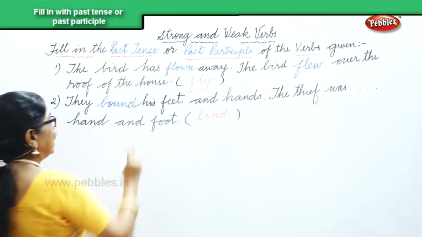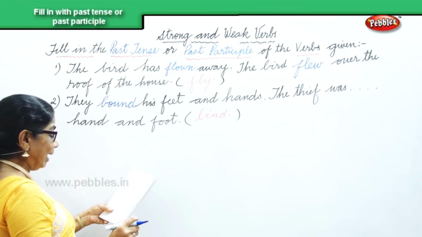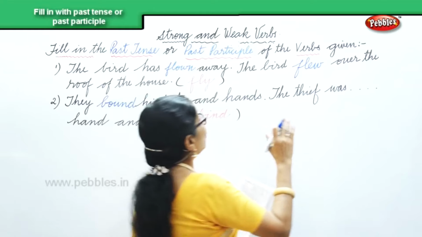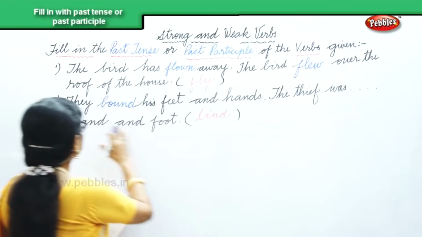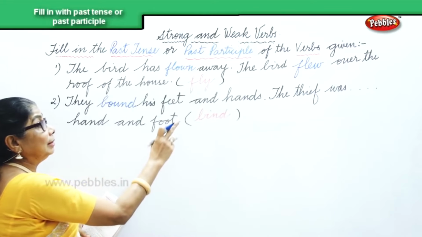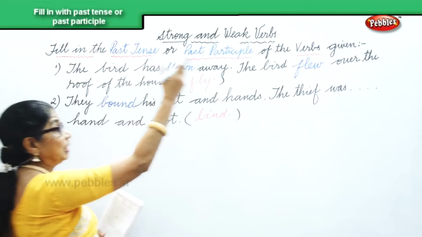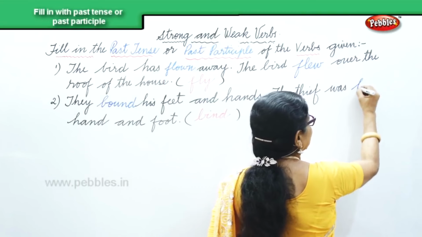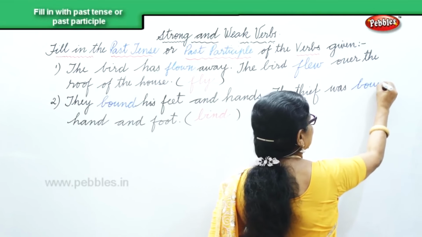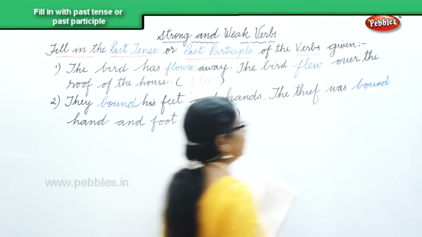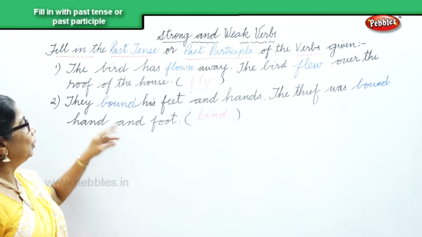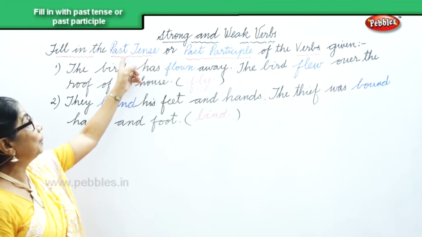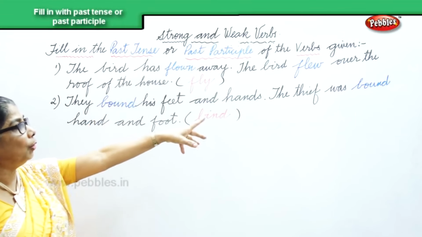They bound his feet and hand. The thief was bound hand and foot. The thief was, past participle, was bound hand and feet. So we put in bind, bound, bound, both past participle and past, both bound only.